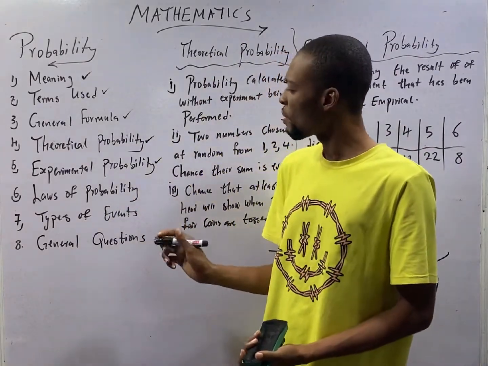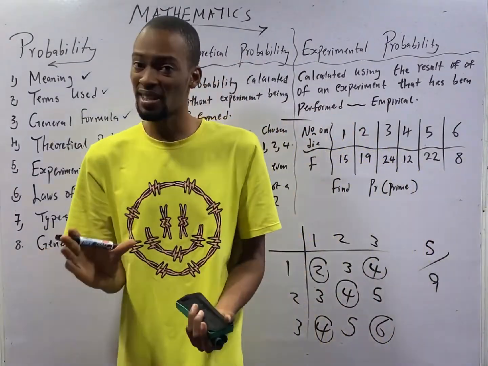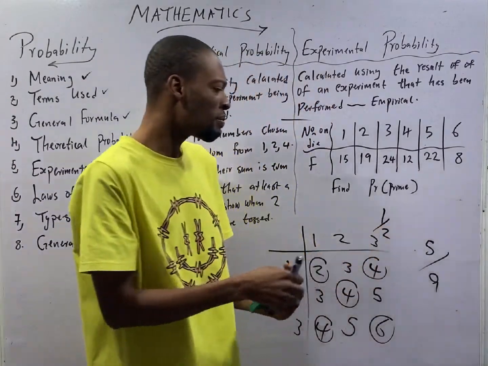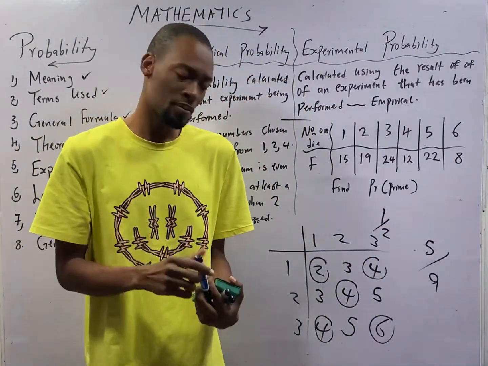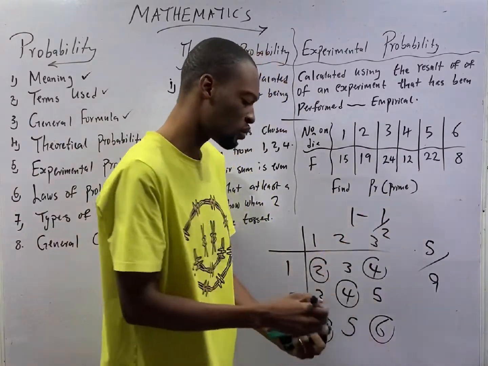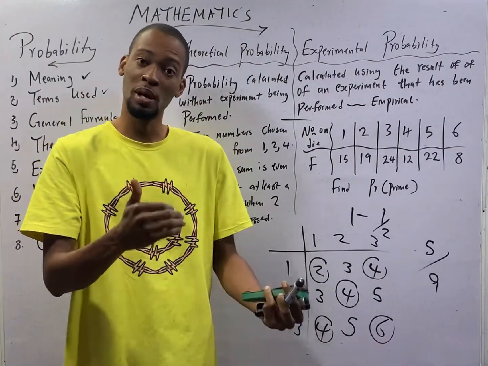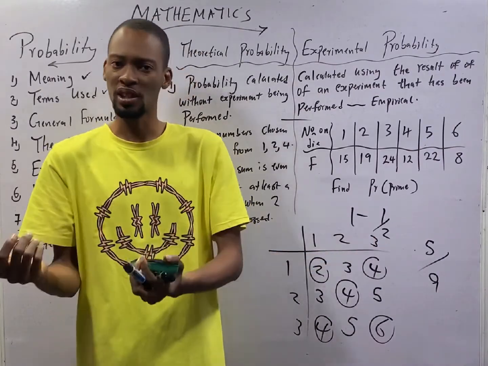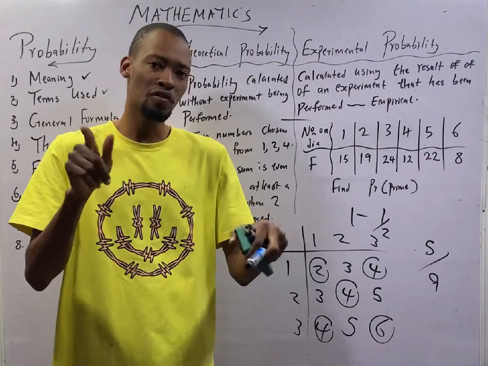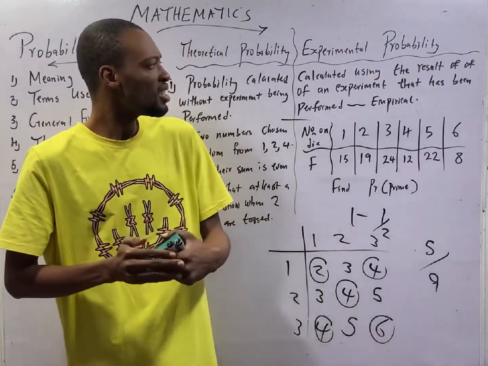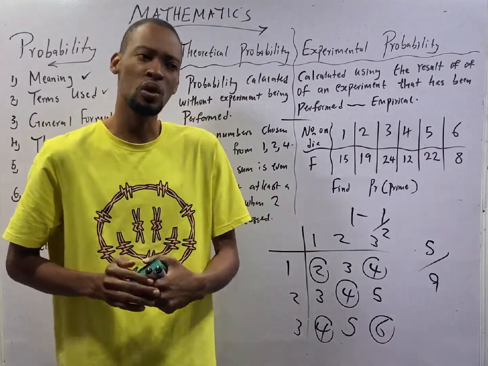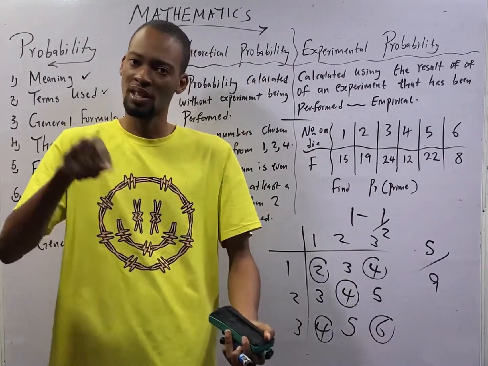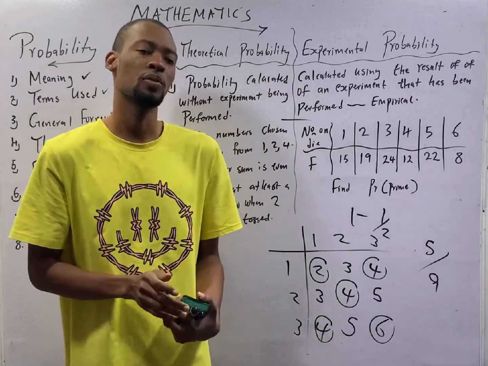If the probability that Luke will pass an exam is 1/2, the probability that Luke will fail that exam is 1 minus 1/2, which is 1 minus the probability that he passed. The probability of something not happening is 1 minus the probability of it happening. So if I say the chance that something happens is 1/4, what is the chance that it did not happen? It is 1 minus the chance that it happened.